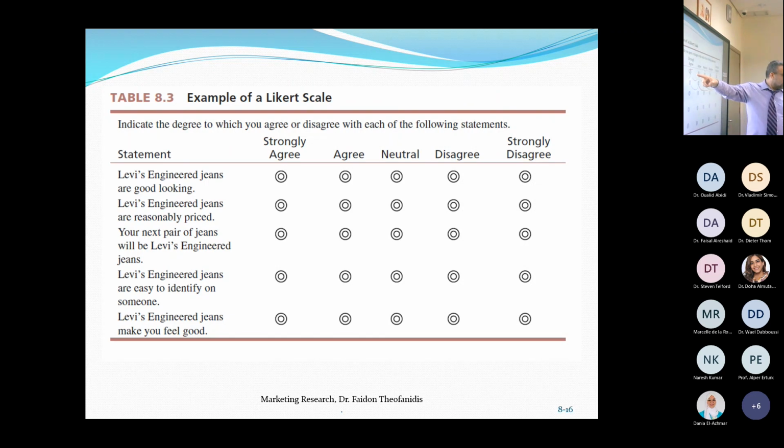So, strongly agree. If you strongly agree that Levi's jeans are good looking, should it be 5 here or 1? You strongly agree that they are good looking, so 5. The highest is the one that is best.